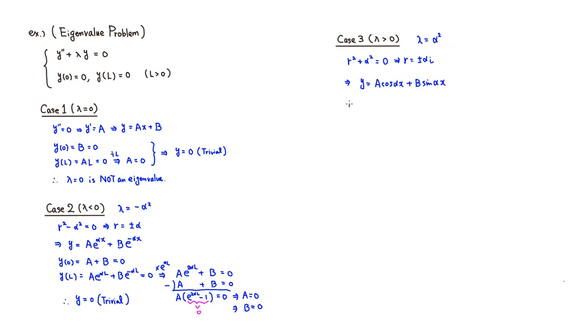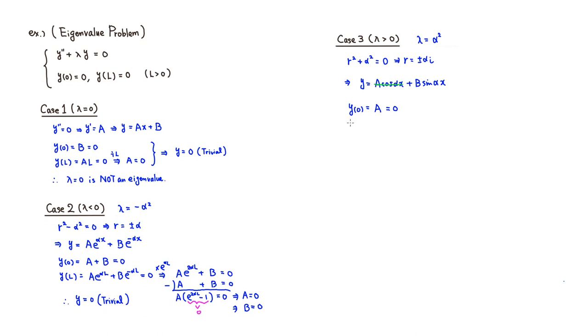So let's check the first boundary condition. So y of 0, since cosine of 0 is 1, you get a, and the sine of 0 is 0, so it drops out, and we know that this has to be equal to 0. So a is equal to 0. So we can scratch this out.